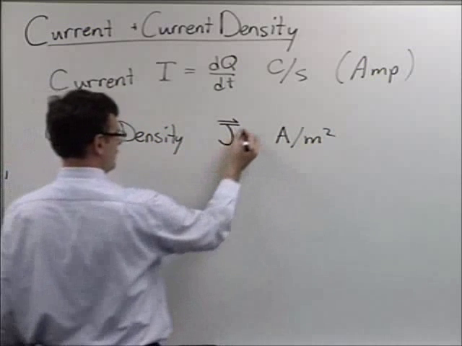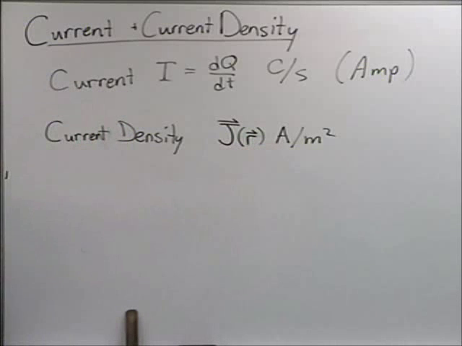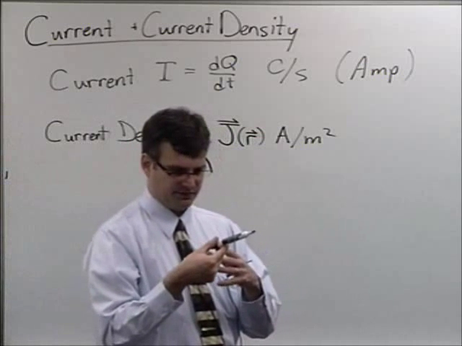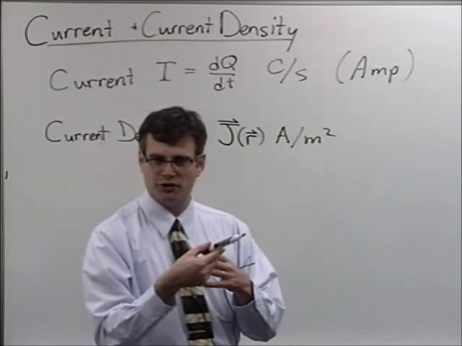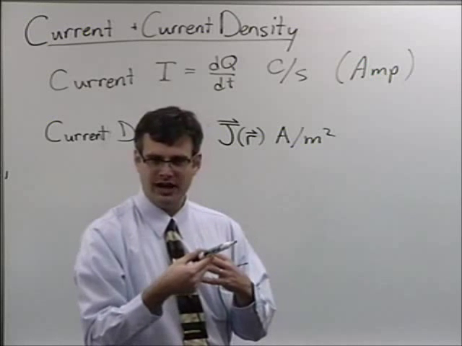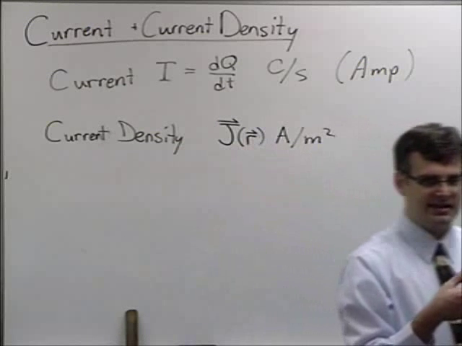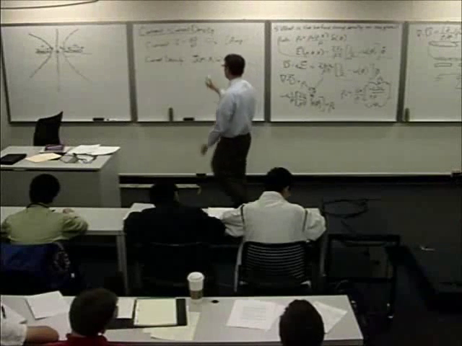So it can be a function of three-dimensional space. So let's go ahead and put an R vector dependence on there. And it is itself a vector that points in the direction of which way charges are traveling. So the magnitude tells you how many amps per meter squared, and the direction of the vector tells you what direction they're traveling. You can convert between these two.